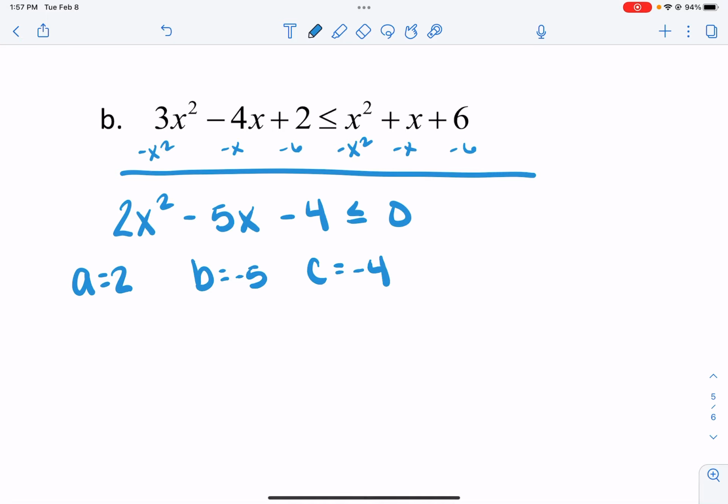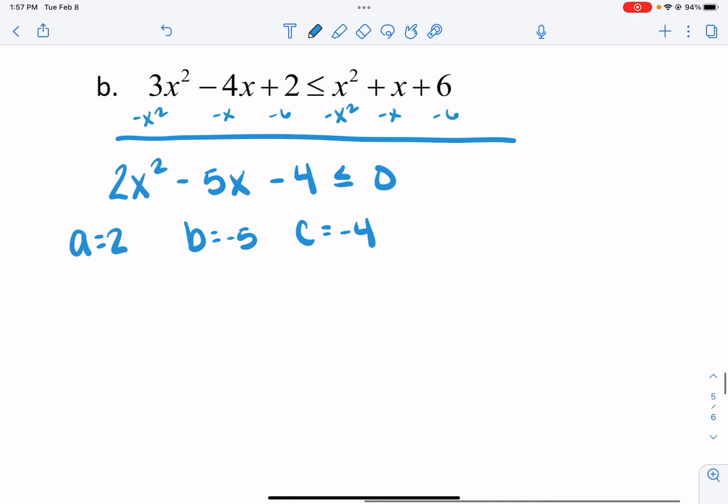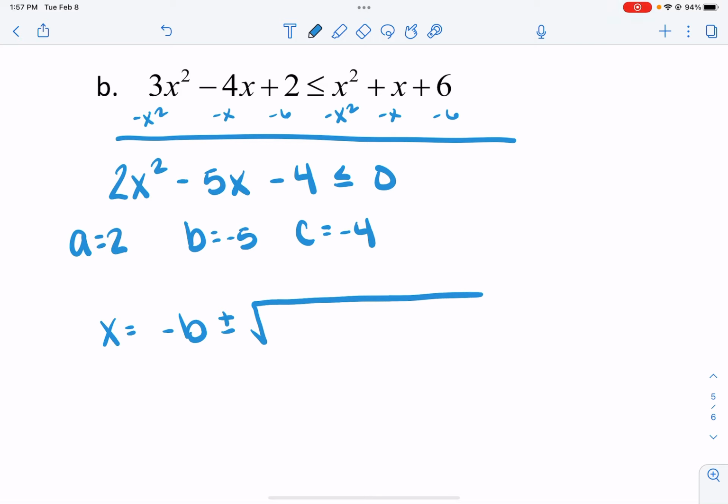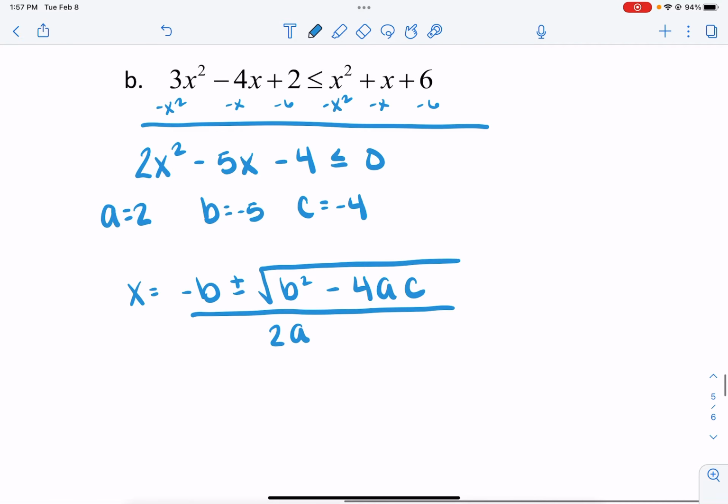Okay, so if you remember our quadratic formula, x equals negative b plus or minus the square root of b squared minus 4ac all over 2a. So let's type this in.